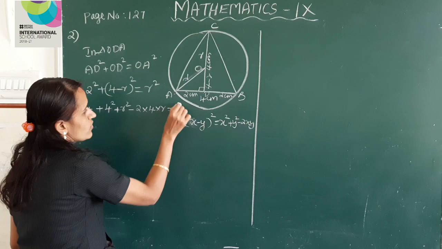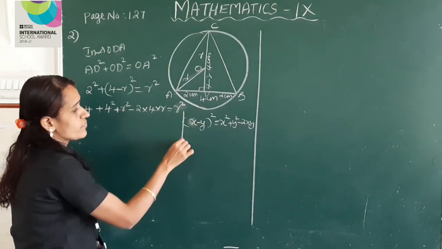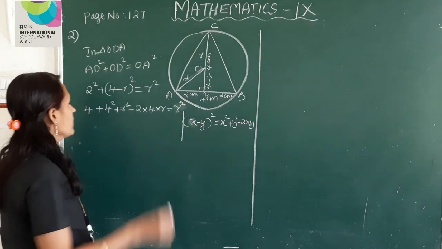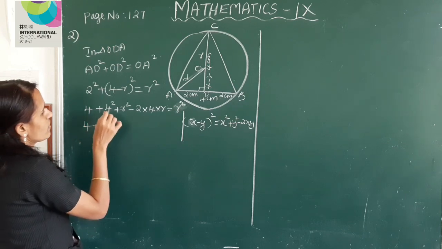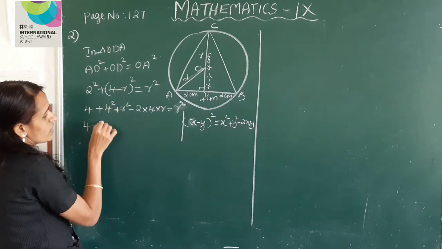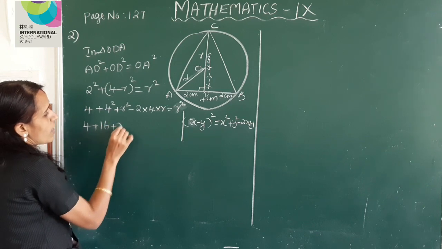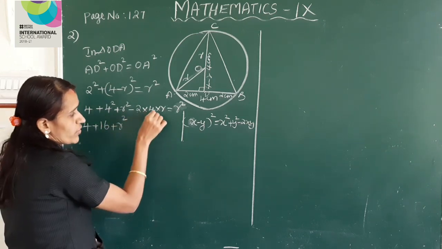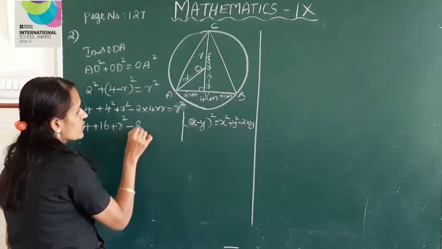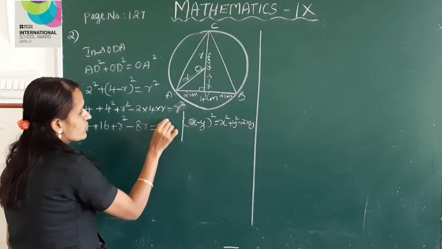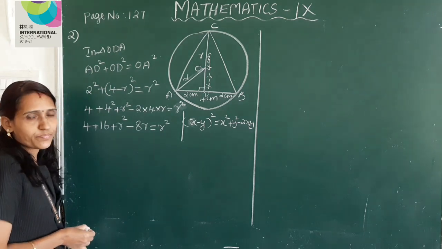This is equal to r square. So 4 plus 4 square is 16 plus r square, 4 into 2 is 8r, minus 8r is equal to r square.